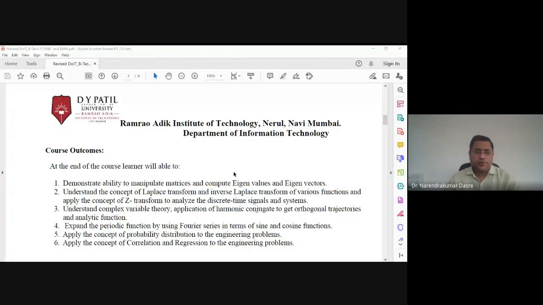The bigger picture is linear algebra, and especially we are going to understand eigenvalues and eigenvectors. Mathematically, they are the principal components and the direction of the principal component in which that particular component is acting or having the effect.